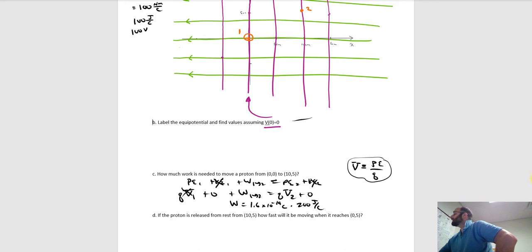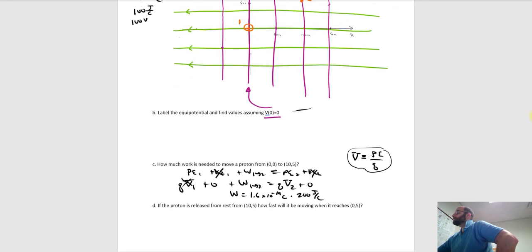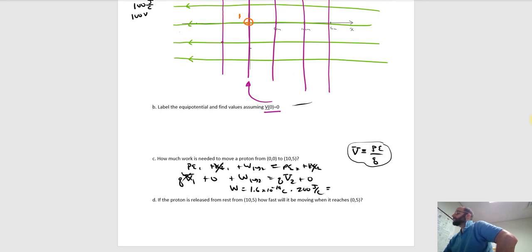I'm going to lift that picture up to make sure I got that right. Yep. Okay, and when we multiply this out, this is going to be 320 by the time we take 1.6 times 200, and then times 10 to the minus 19th. And the units, coulombs times joules per coulomb, give us joules.